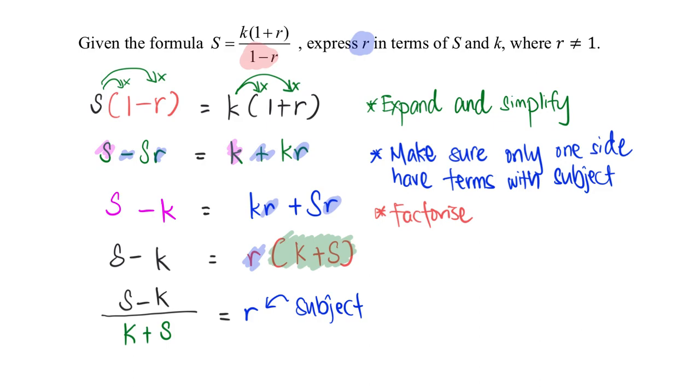Nope. And therefore the final answer, my R will be equal to S minus K over K plus S. With that, we have come to the end of this example. If you like this video, do give it a thumbs up. Thank you for watching and have a nice day.